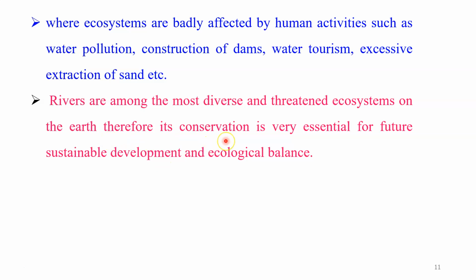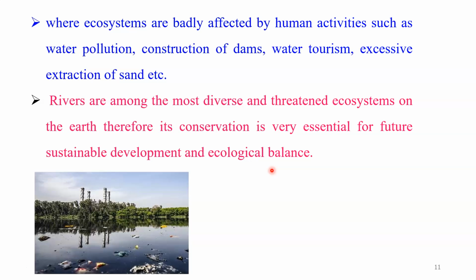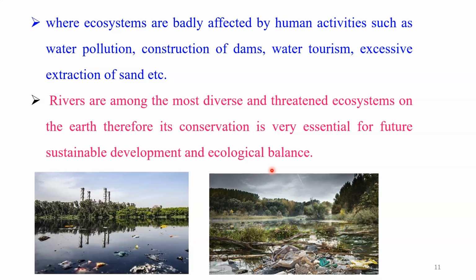Therefore, their conservation is very essential for future sustainable development and ecological balance. Otherwise, the river ecosystem is definitely going to be affected on a large scale, and that will disturb the ecological balance that we have around us in the environment. Therefore, it's our duty to conserve all river ecosystems through conservation work.